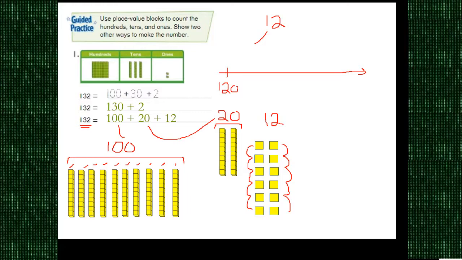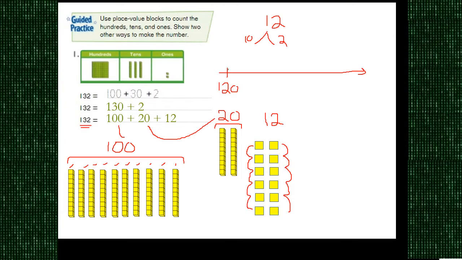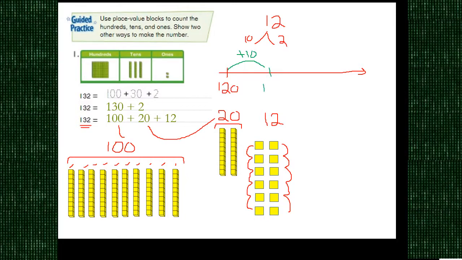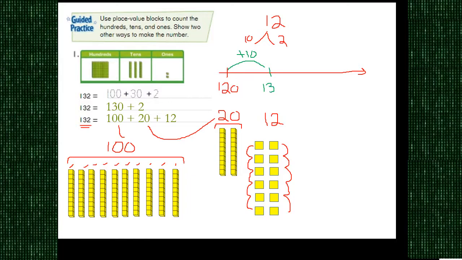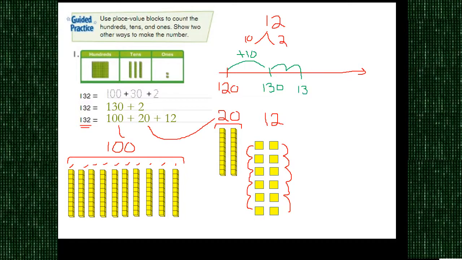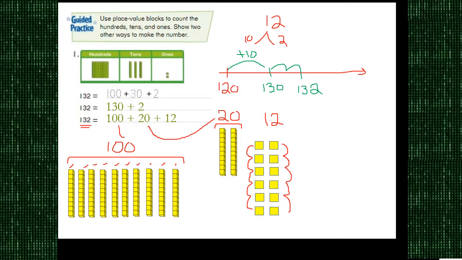You can break 12 down into a 10 and a 2. 120 plus 10 is 130, plus 2 is 132. So boys and girls, this is what we're doing today. We're trying to show other ways of writing one number, as many ways as we can.